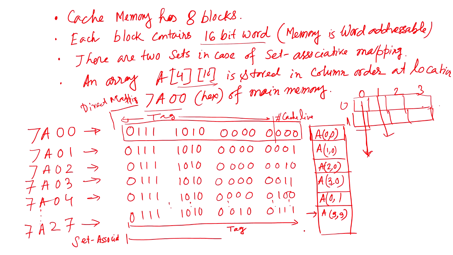Word is nil, and then you have to identify the set. How many sets are there? 2 sets. So, you need 1 bit. So, therefore, only 1 bit. This is the set number and the rest will be the tag. Done.